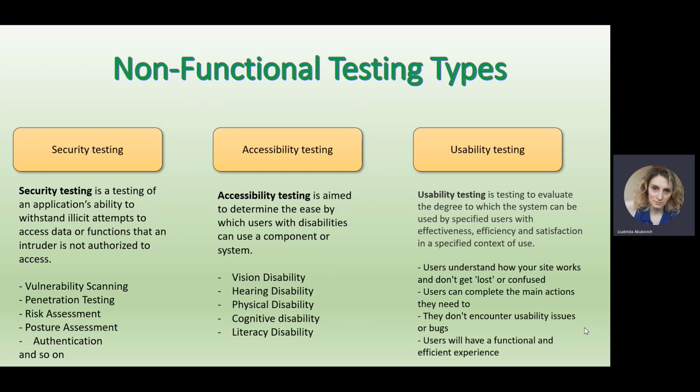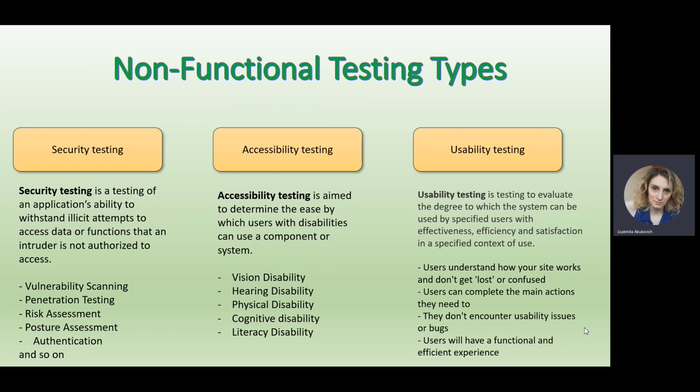Some more examples of non-functional testing types. It can be security testing, as testing of your application's ability to withstand some kinds of attempts to access restricted or vulnerable data, to resist hackers' penetration attacks, and so on.